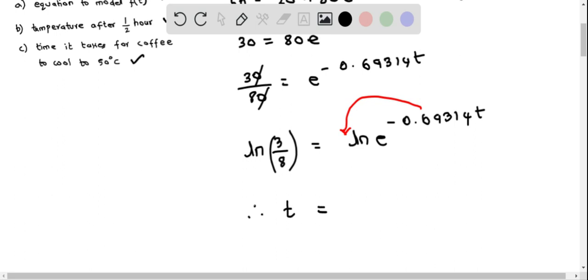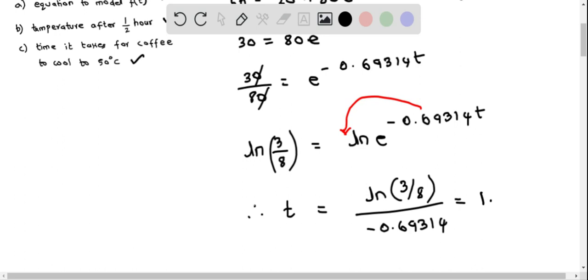This equals natural logarithm of 3 by 8 over negative 0.69314. And we plug this into the calculator. When we do that, we approximately get the value of t equals 1.415, and the t is in hours, so we mention this as hours.